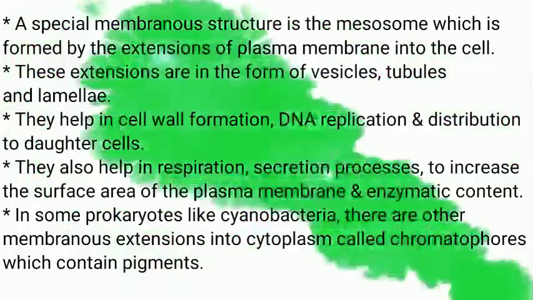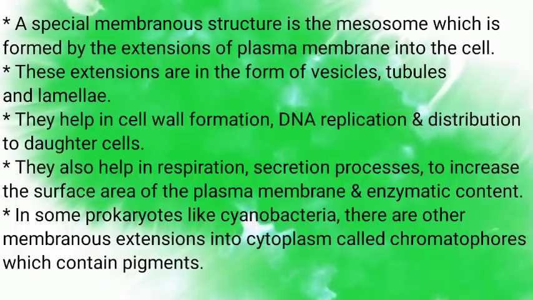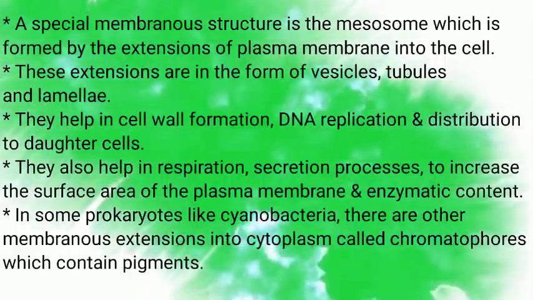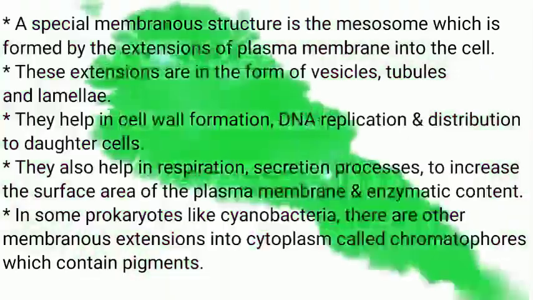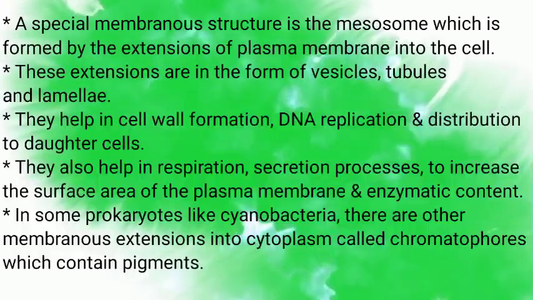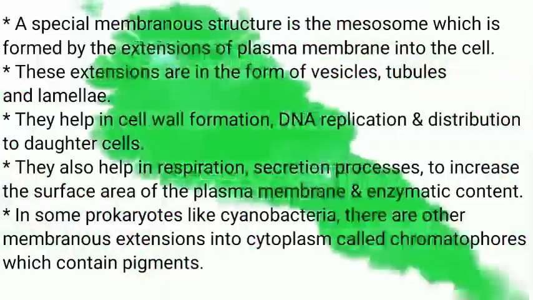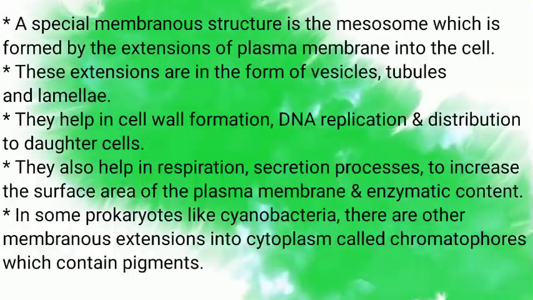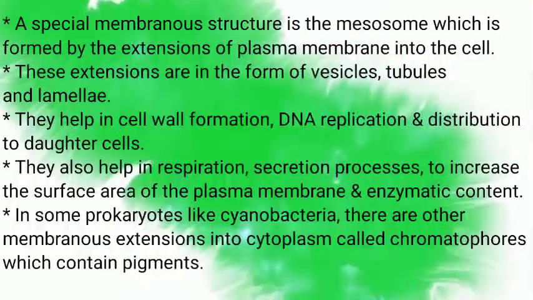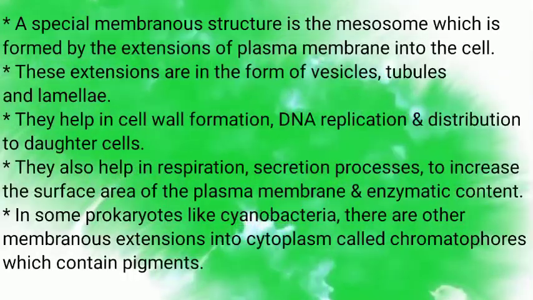Mesosomes help in cell wall formation, DNA replication and distribution to daughter cells. Mesosomes also help in respiration and secretion processes, to increase the surface area of the plasma membrane and enzymatic content. In some prokaryotes like cyanobacteria, there are other membranous extensions called chromatophores, which contain photosynthetic pigments.